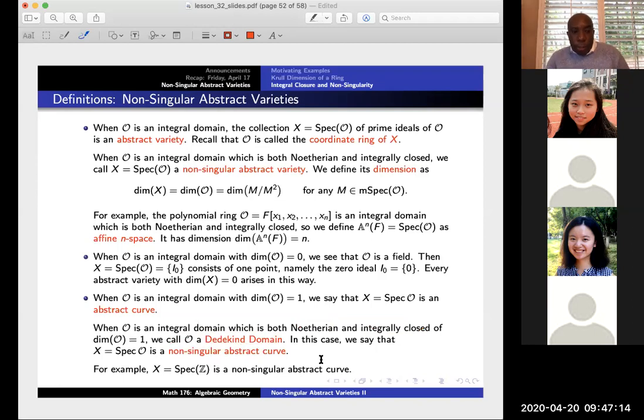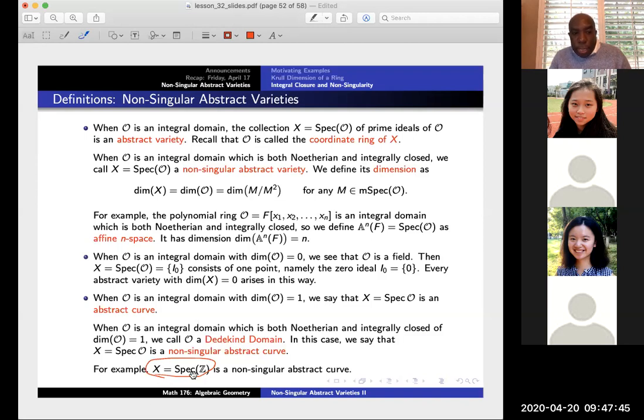Here's a weird example that throws off most people who work in the field. Spec of Z is a curve. The reason this is bizarre is that there are no equations defining X. No polynomials at all. If you're wondering what the points of X look like, the points are literally the prime ideals of Z. So the prime ideals of Z are my points.